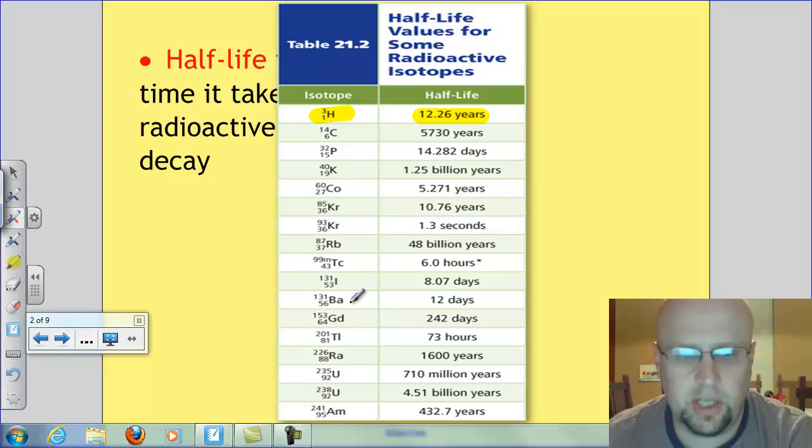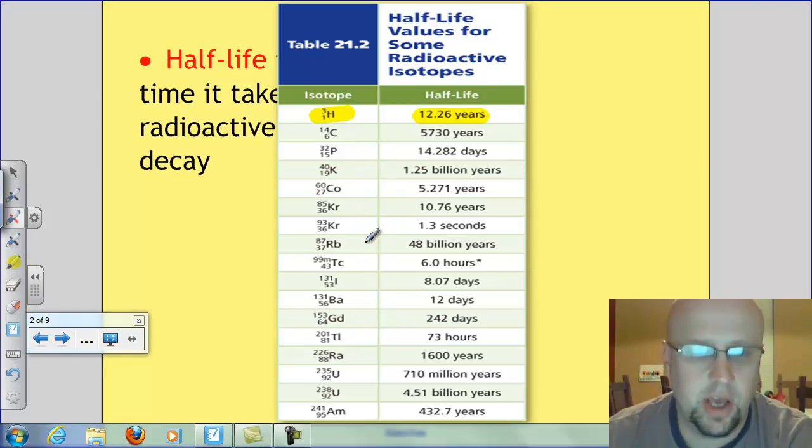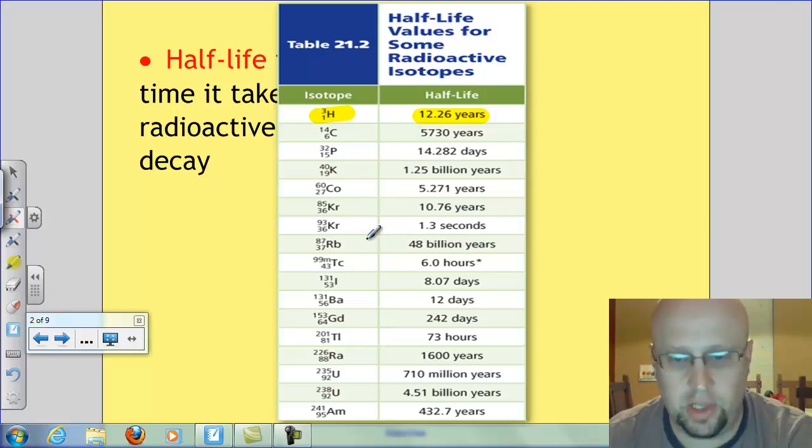And so we see a lot of different half-lives here for a lot of different isotopes. This is by no means an exhaustive or a really long list. This is just a few common ones. You see that some of these have an incredibly long one. So 48 billion years. Obviously, we haven't even had 48 billion years of time yet, so that's obviously an estimate.